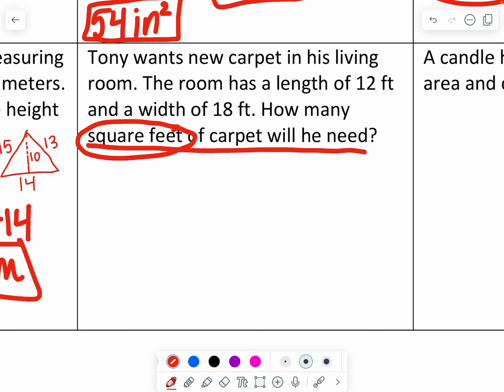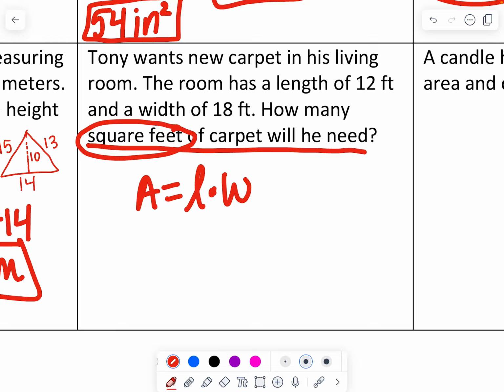So it's asking for area because remember, area is the inside of the shape. So it's how much the shape covers, whereas perimeter is the outside. It's like putting up a fence. So we're trying to find the area, and it doesn't say that it's a rectangle, but it is. So we need to do A equals length times width.